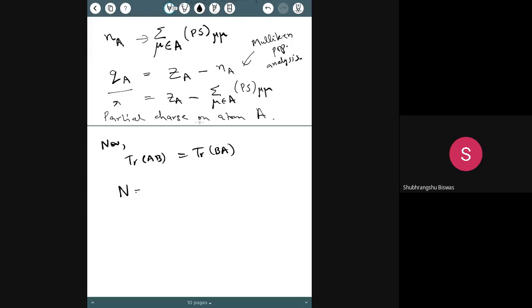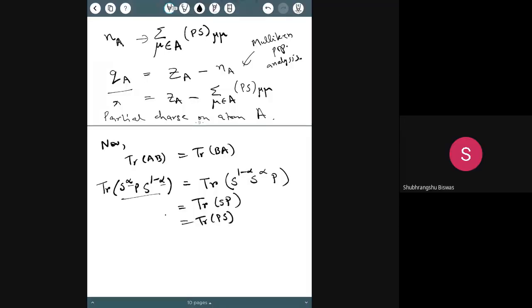So if I modify my expression to the trace of S to the power alpha, PS to the power 1 minus alpha, this is exactly the same as the trace of S to the power 1 minus alpha, S to the power alpha, P, which is equal to the trace of PS.